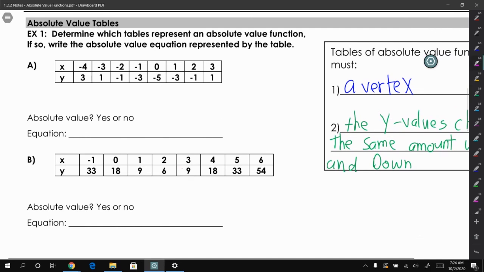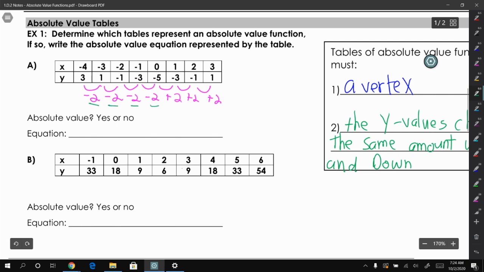So what I like to do is say, okay, what's happening here from this y value to that y value? We're going down 2, down 2, down 2, down 2. Now I'm going up 2, up 2, up 2. So because my rate of change is 2, I'm either going down by 2, subtracting 2, or then I'm adding 2.